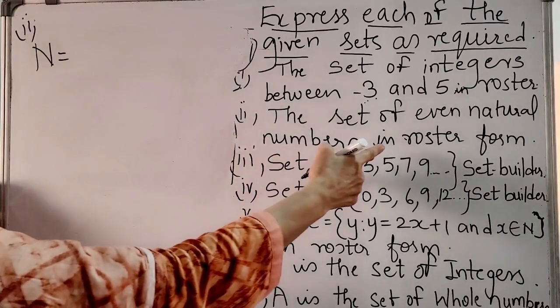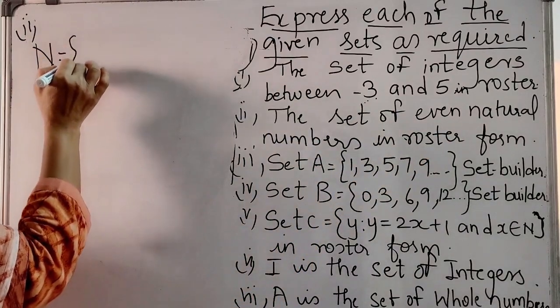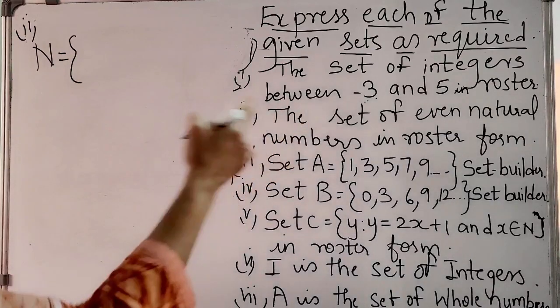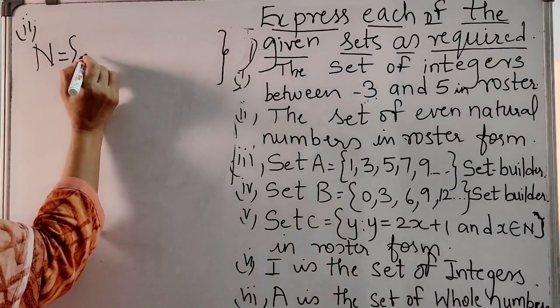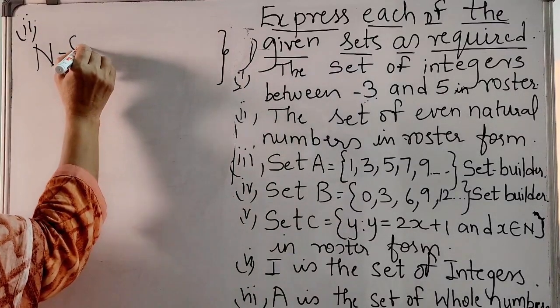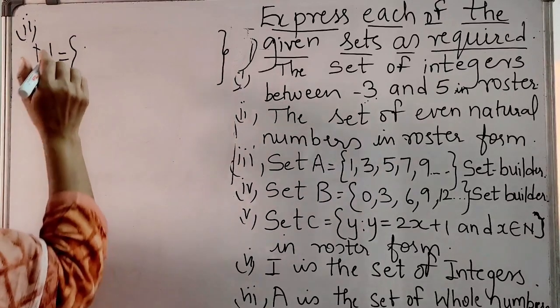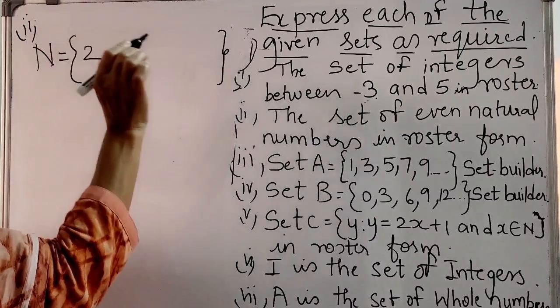Again, it has to be written in roster form. What you have to do? Put curly brackets. In curly brackets, what you have to write? The natural numbers. Now, natural numbers start with 1. But 1 is not an even number. So you start with 2. 3 is not an even number.